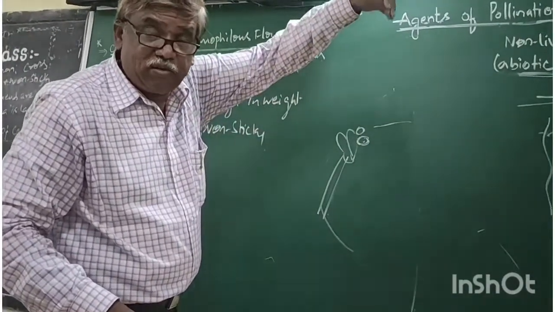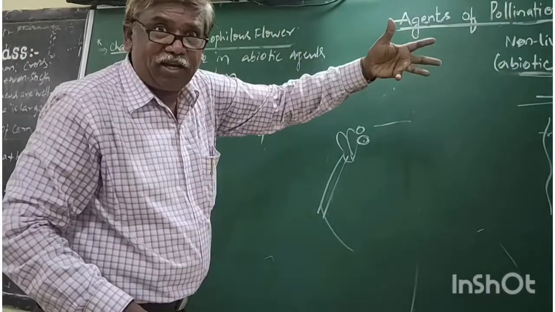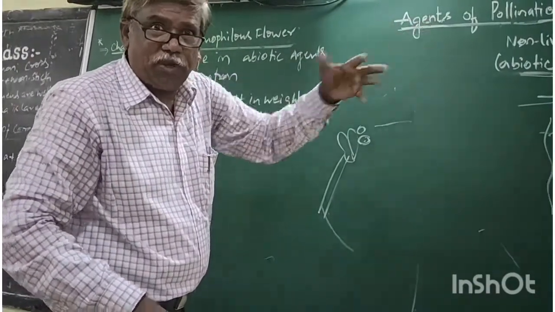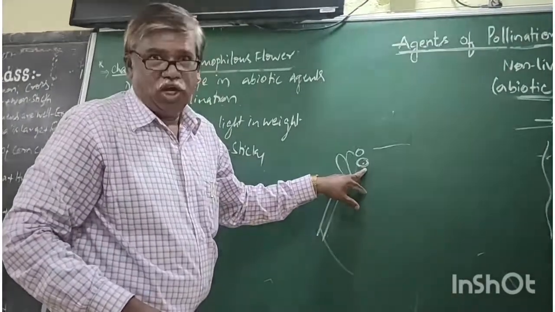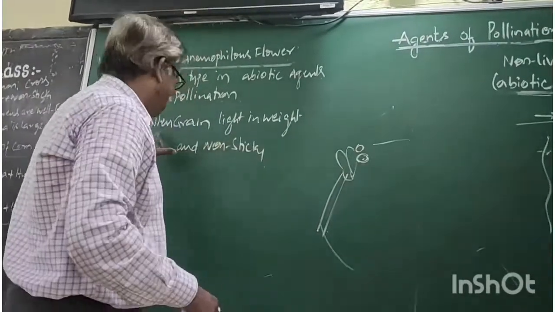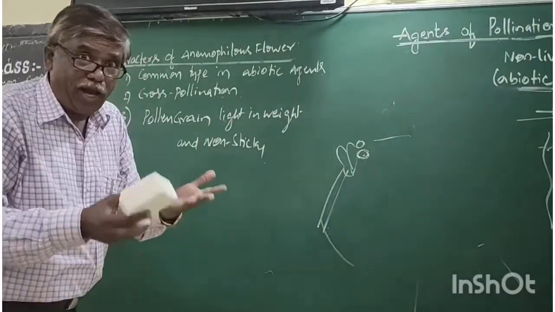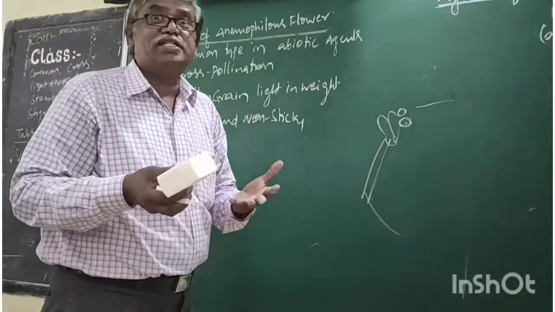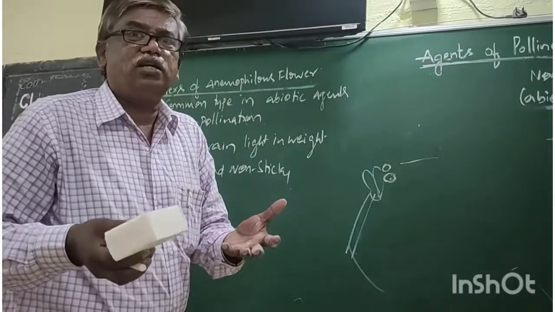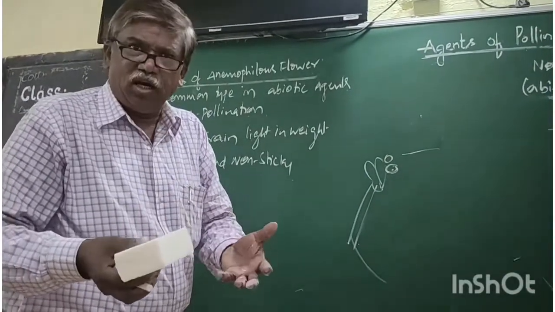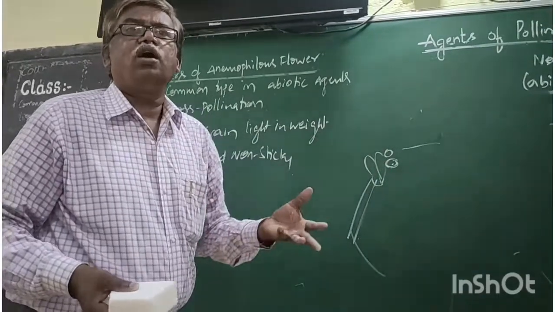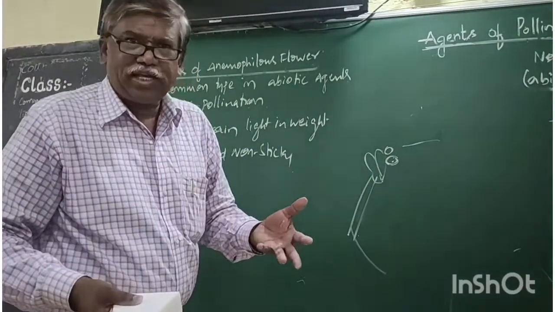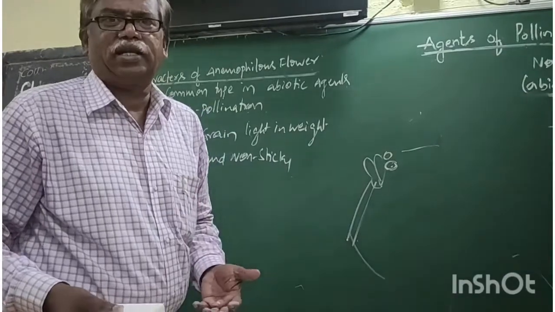If it has a gummy-like, sticky nature, then before reaching the stigma, other things may hold the pollen grains. Why is it light in weight? What is the need? If the weight is light, it is easy to float in the wind, and it helps in air currents.